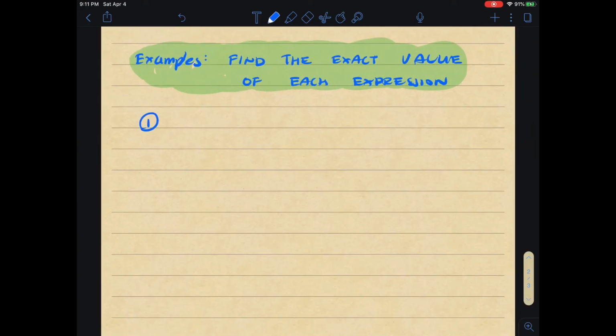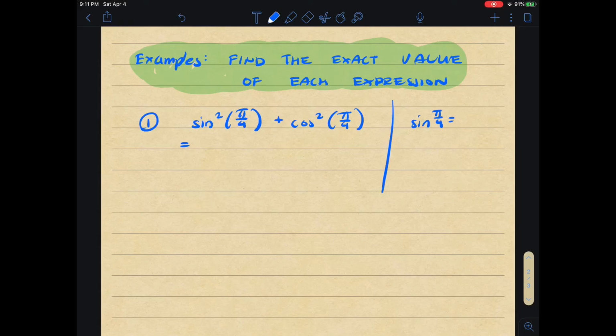So starting with number 1. Sine squared of pi over 4 plus cosine squared of pi over 4. In order to do this, you have to know what sine of pi over 4 is. And if you remember, this is square root of 2 over 2.